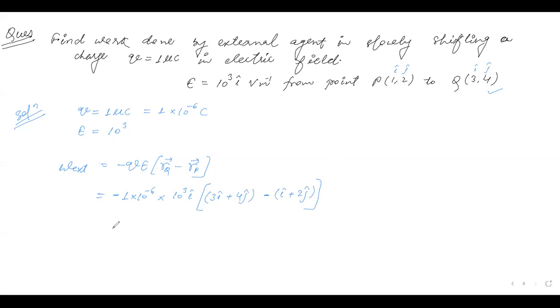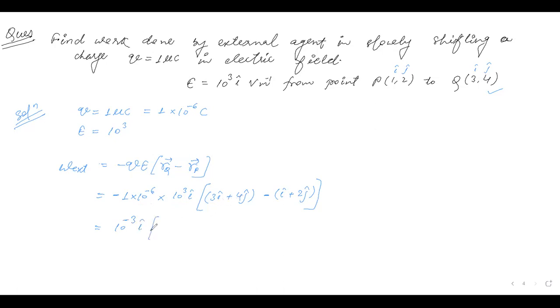Okay, I plus 2J. Then what will be this value? This is your 10 raised to the power, after calculation, minus 6 and 10 raised to the power 3, can be written as 10 raised to the power minus 3 I cap.